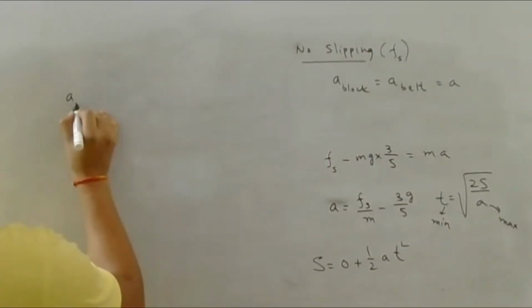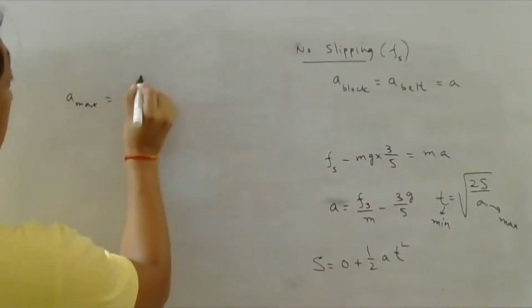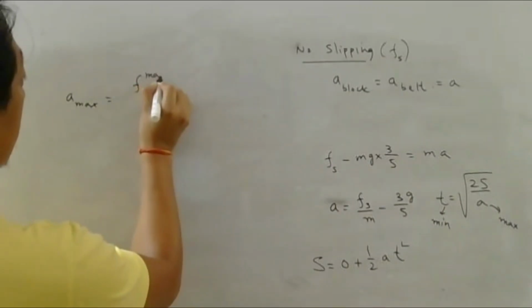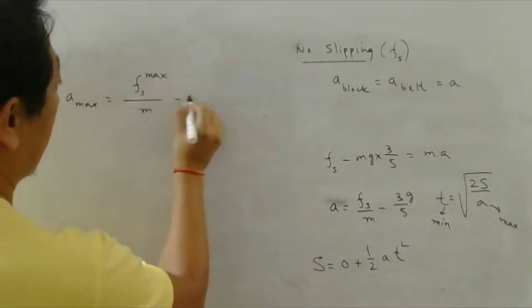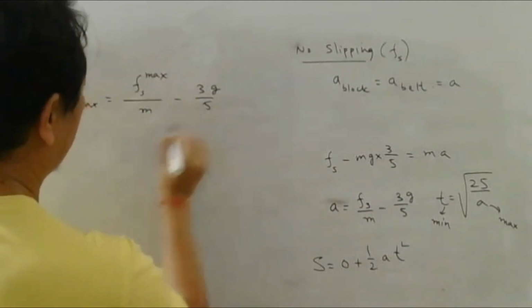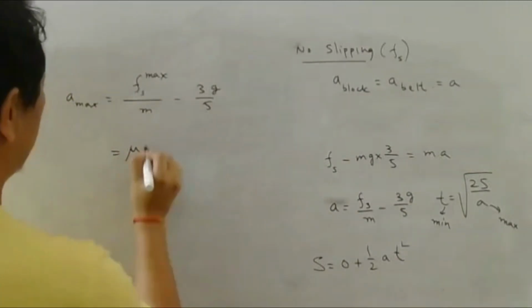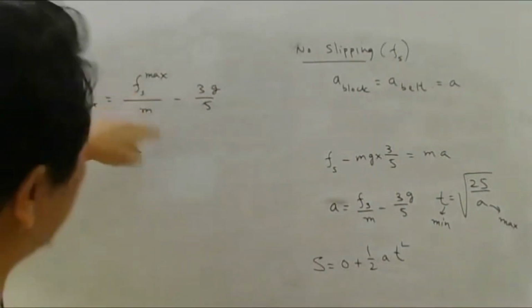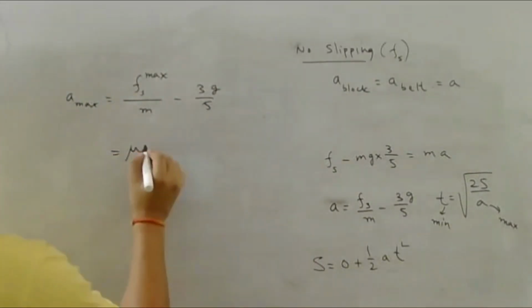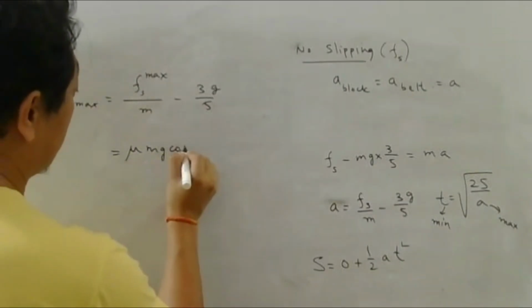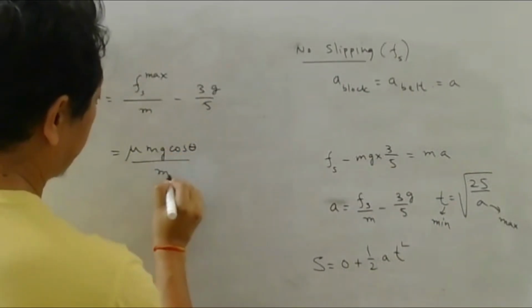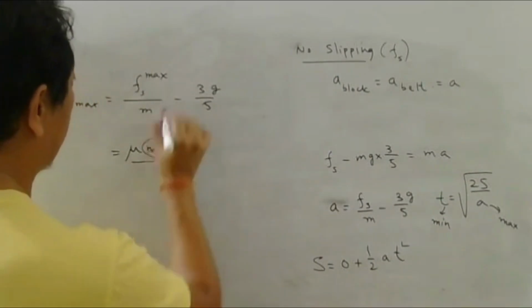So a maximum will be Fs maximum divided by m minus 3g by 5. This is what? Mu into N. N, don't write mg. N was what? Mg cos theta. This is N, okay?